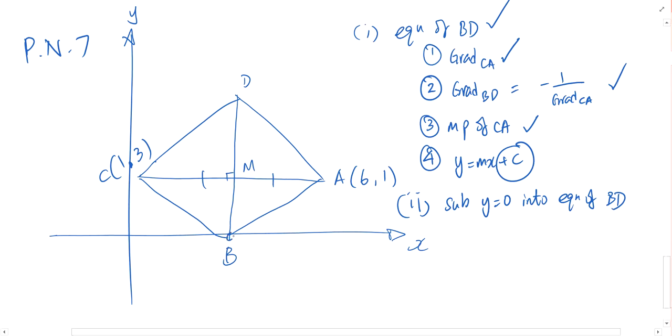I know point B lies on the x-axis. It has the coordinates x, 0. So I sub y equals 0, I will naturally be able to find x. So I am able to get the coordinates for B.